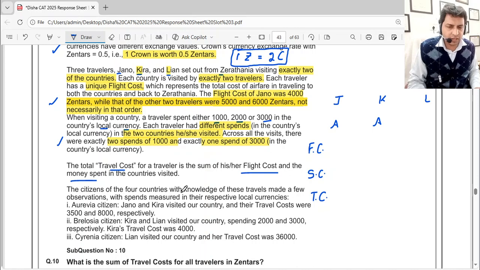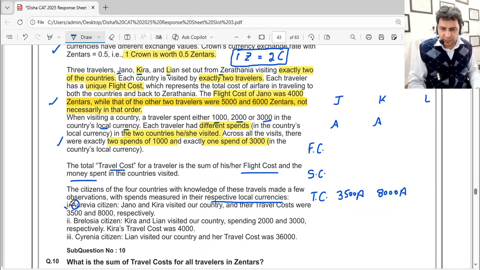The citizens of 4 countries made a few observations with spends measured in their respective local currency. So as per this Aurevia citizen, J spent total 3,500 in A currency, and Kiro spent total 8,000 in currency A. So this information has been used.